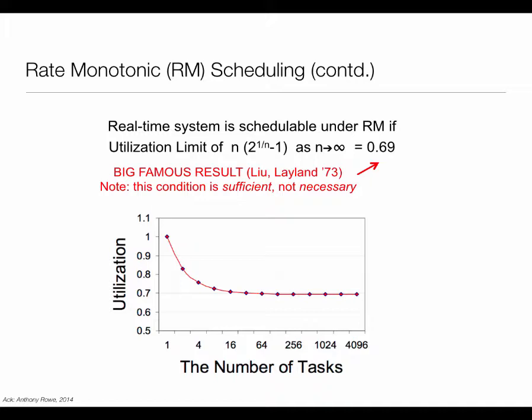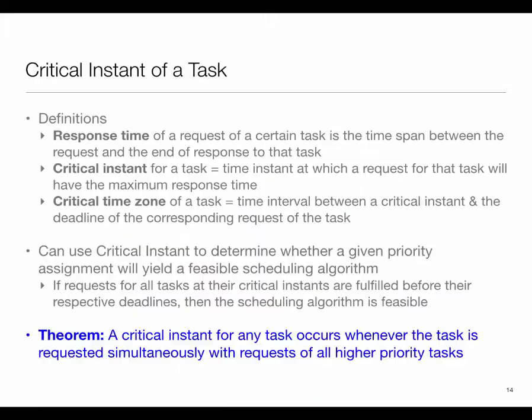Okay, so what happens now if my task set happens to lie out here? How can I detect that? So this is giving us a bound, but it doesn't appear to be a very tight bound. So could I do better about this? That brings another notion, something called the critical instant of a task.